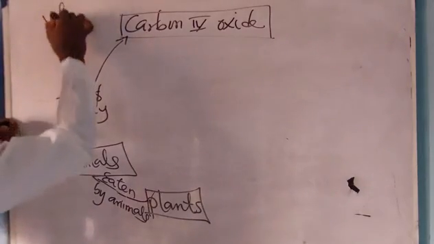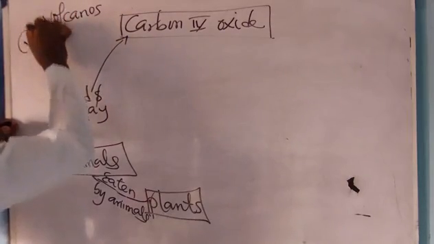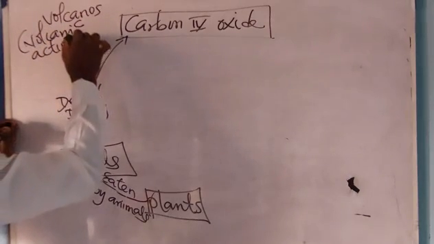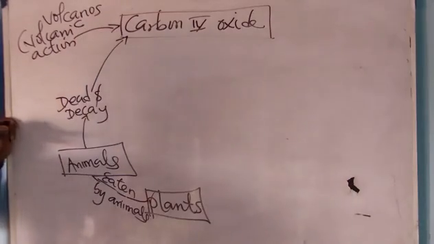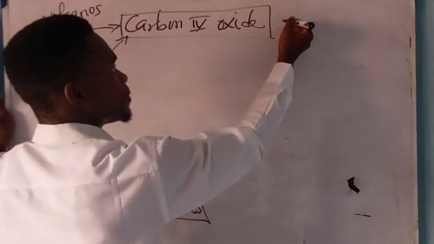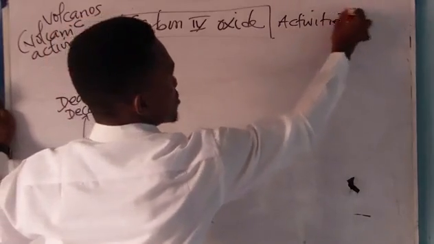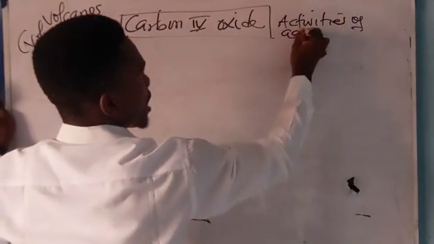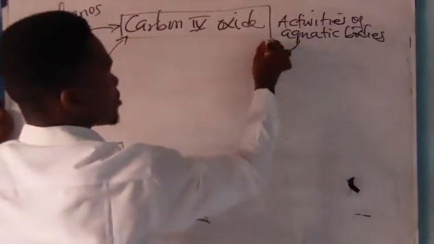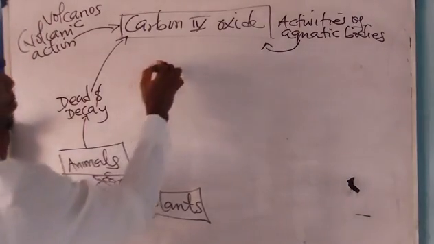Now, volcanoes or volcanic action can actually release carbon dioxide into the atmosphere, as well as activities of aquatic bodies.